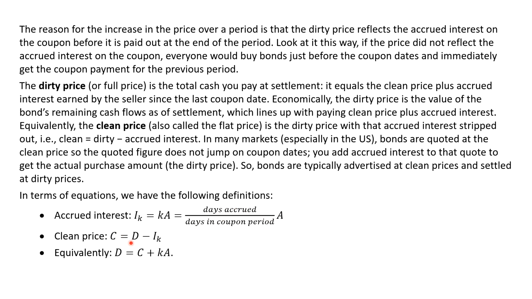Then the clean price is just the dirty price minus this amount of accrued interest, or equivalently, the dirty price is the clean price plus the k times a. I have some example and a diagram on the following slide, so let's have a look at that.